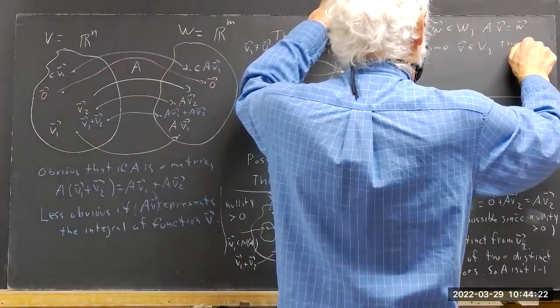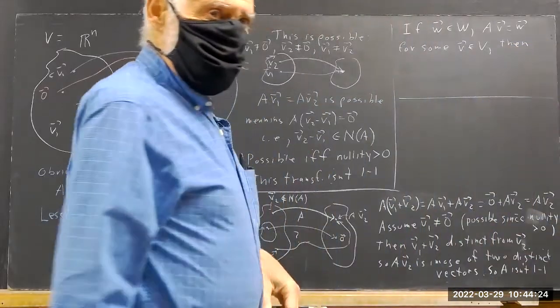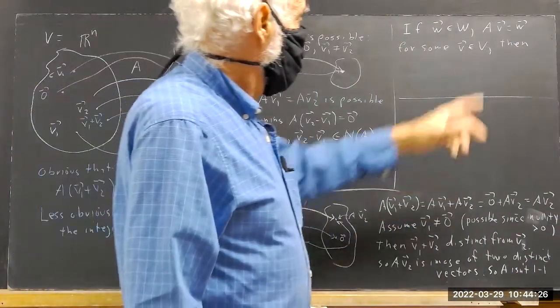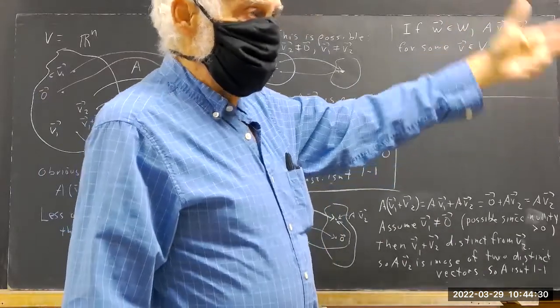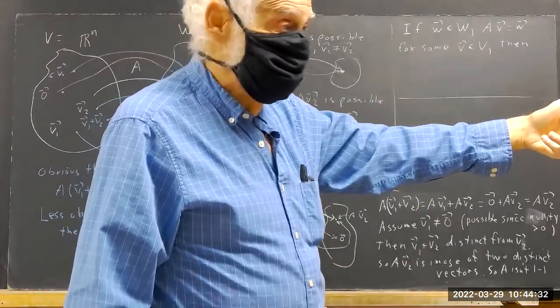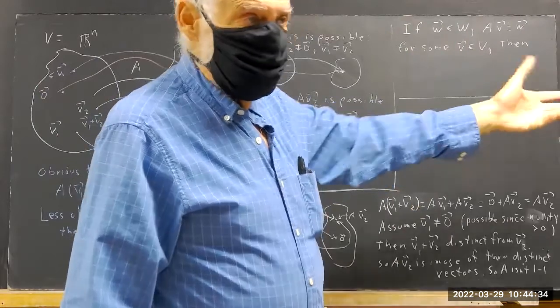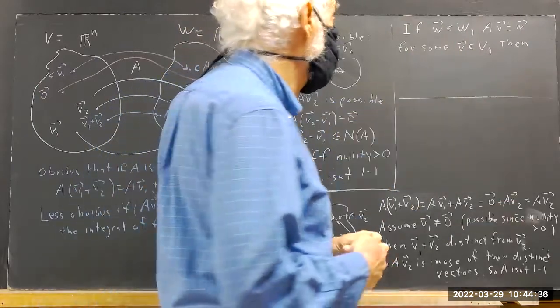I'm going to state this differently than the way the book does. The book is going to say if AV1 equals W and AV2 equals W, then V1 equals V2. What I'm going to say is a little more vernacular.